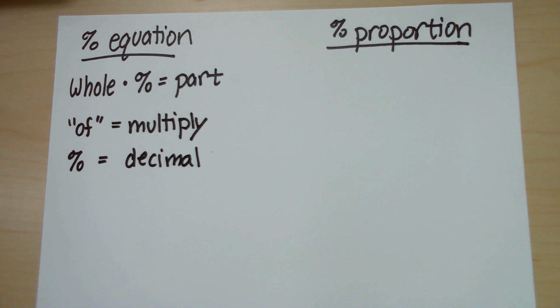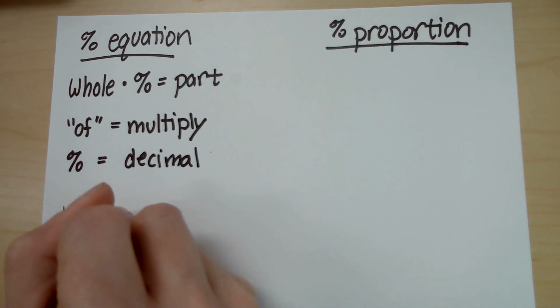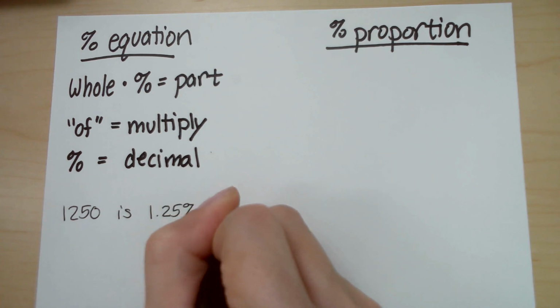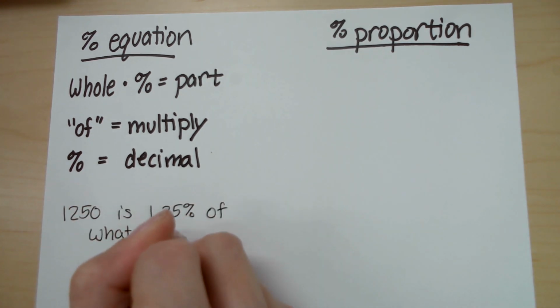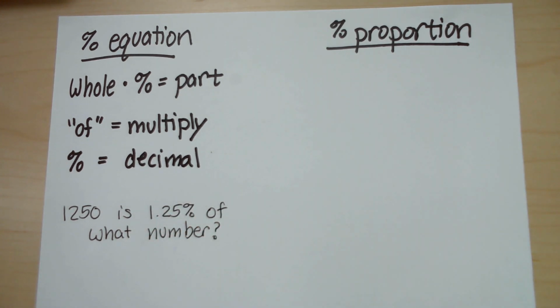So for the example, let's say we're given 1250 is 1.25% of what number? Well, the first thing to do is to make sure we set up our equation correctly.